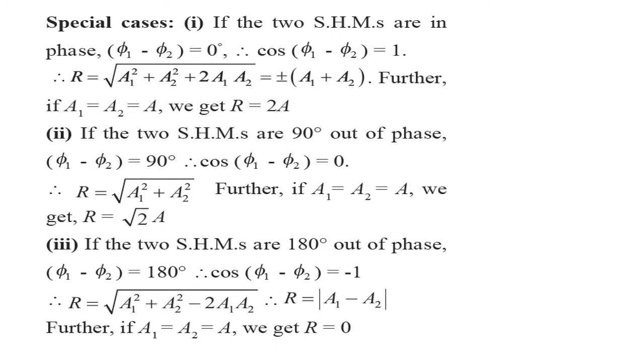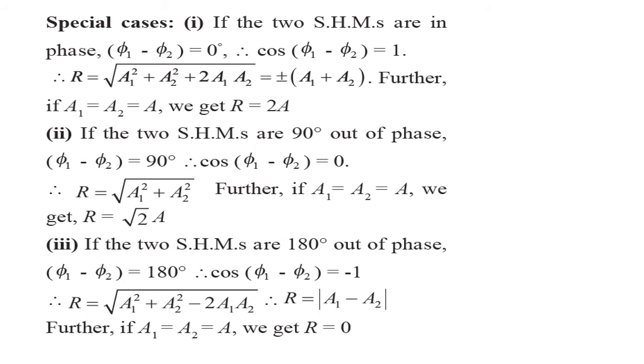In that case, the value of cosine of phi 1 minus phi 2, that is cos 0, is 1. So if you substitute that in the equation of resultant amplitude, what was the resultant amplitude? Under root a1 square plus a2 square plus 2a1 a2 cosine of phi 1 minus phi 2. That was our earlier equation.